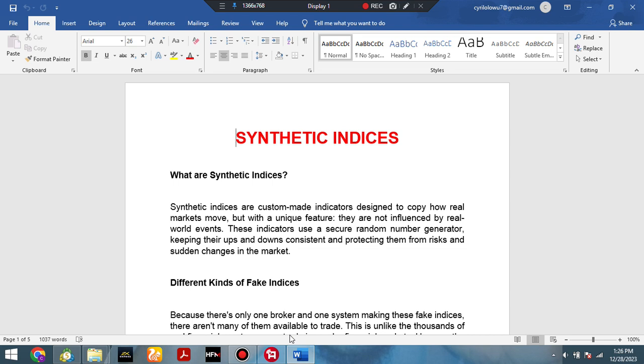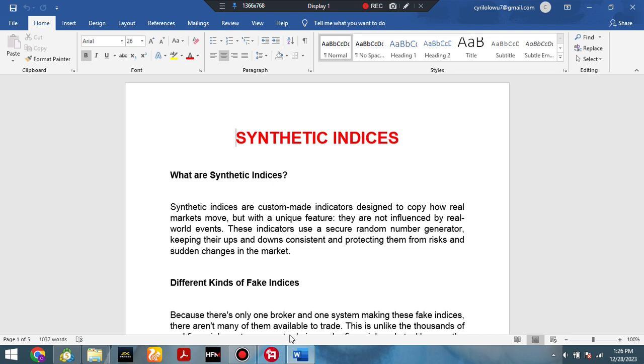But in the case of synthetic indices, nothing of the sort. So it is an indicator that is programmed to mimic or copy the movement of the real-world market. It's more or less like a virtual forex.